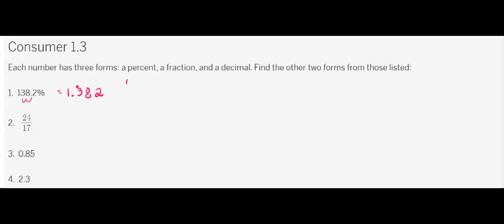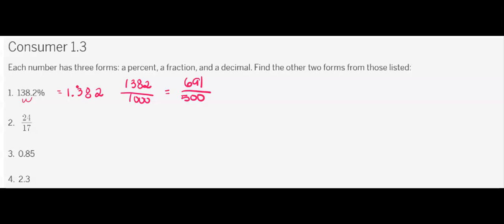So I could put 1,382 over 1,000 because this is the tenths, hundredths, thousandths place. And when I reduce that, I reduce it to 691 over 500, since they're both divisible by 2.